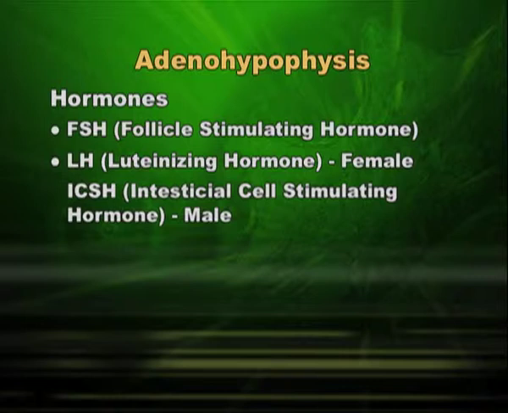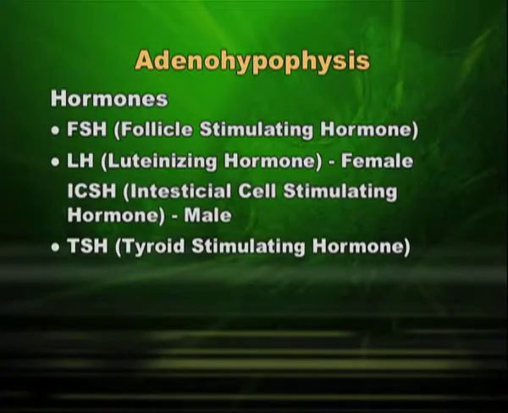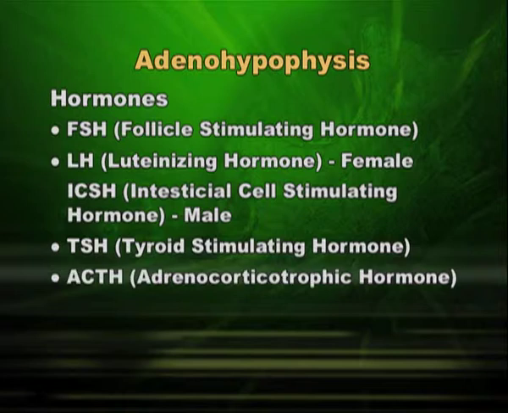Third hormone from anterior pituitary is TSH, thyroid stimulating hormone, which will act on thyroid and will make thyroid secreting thyroid hormones. The fourth one to name is ACTH, adrenocorticotropic hormone.